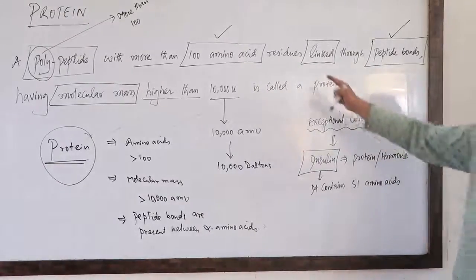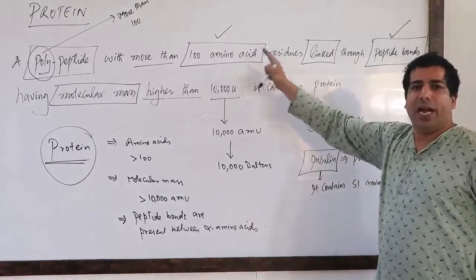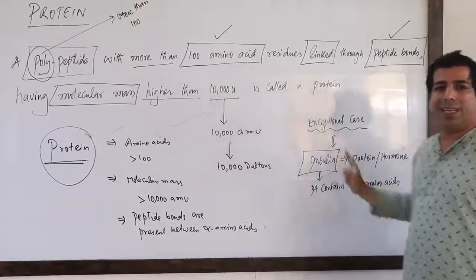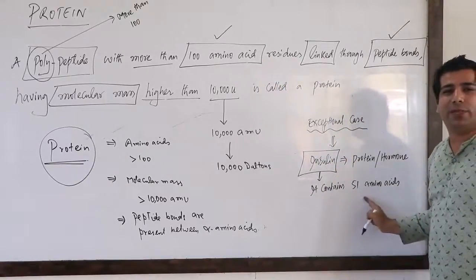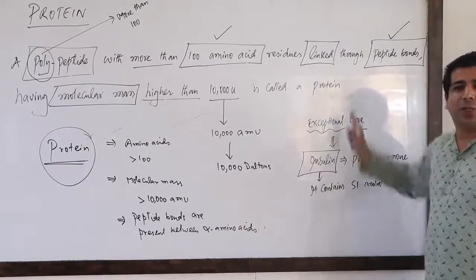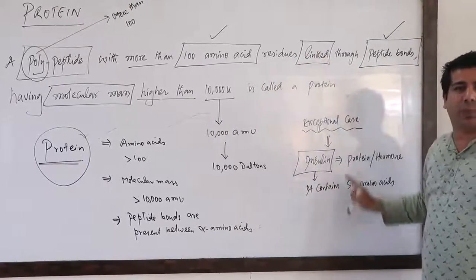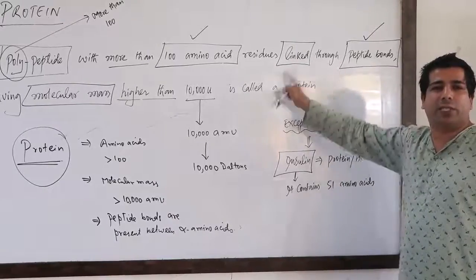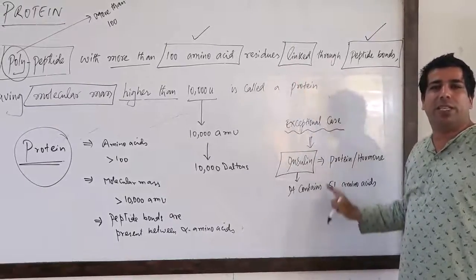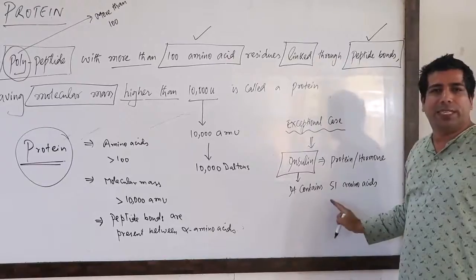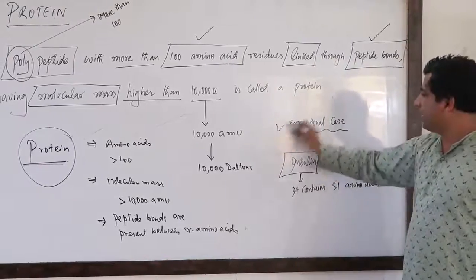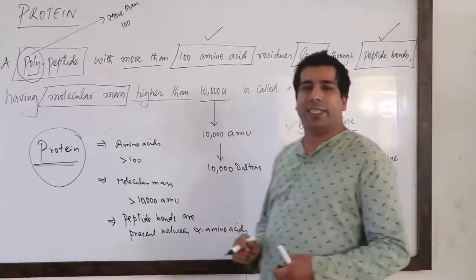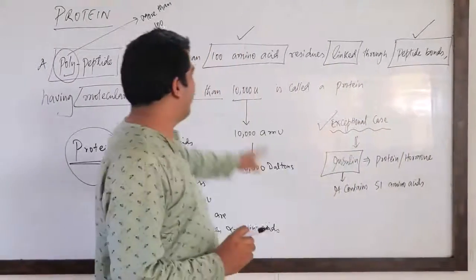So if I go by this definition, I need more than 100 amino acids to make a protein, but here I have only 51. So according to this definition, our insulin should not be a protein. But insulin is a protein molecule. That means it's an exceptional case. So remember this exceptional case, that is insulin. Insulin is an exception to this particular definition.